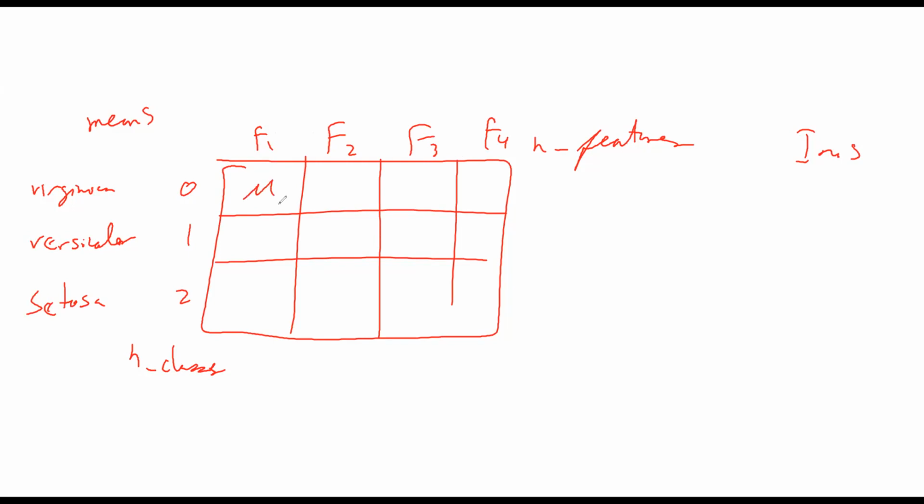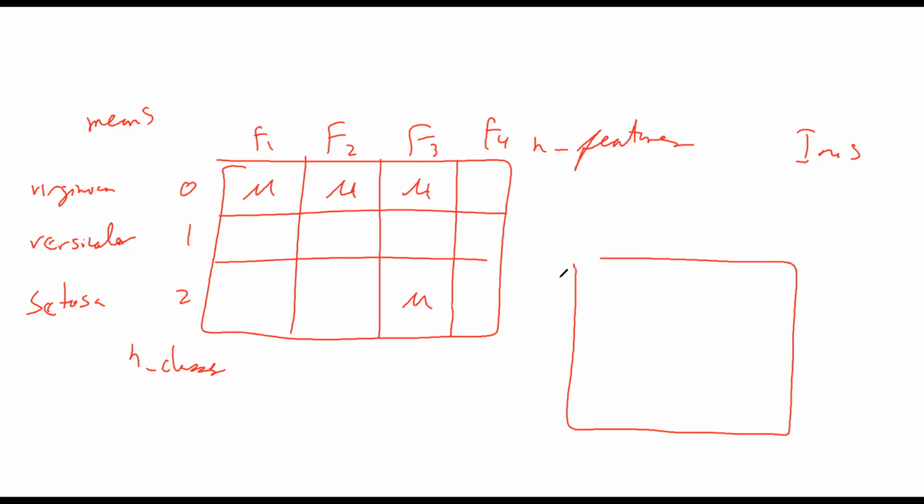Then we're going to look at feature 2 for class 0 and calculate its mean. Then we look at feature 3 just for class 0 and calculate its mean, and so on. So let's say over here, we look at class 2, setosa, and we look at feature 3 for that class, and we calculate the mean of it. Do you see that? So we need to calculate these values because that's how we're going to be using them. And the same applies for the variance. So this is the mean. For the variance, we need to do the same.